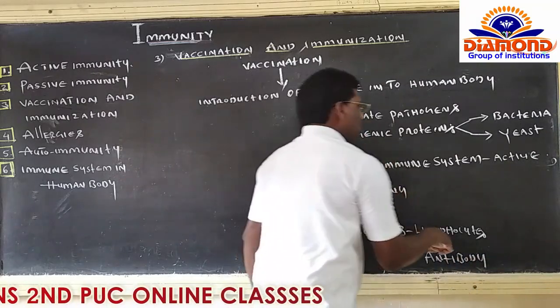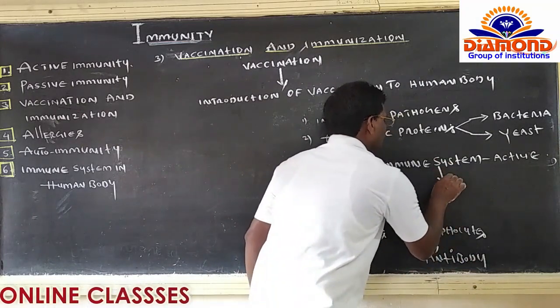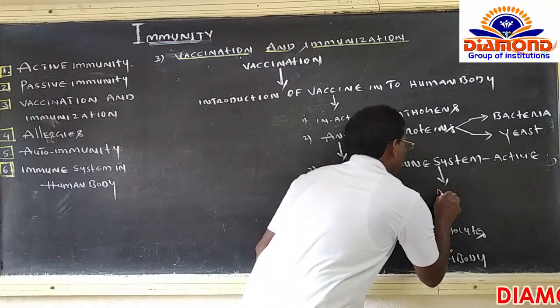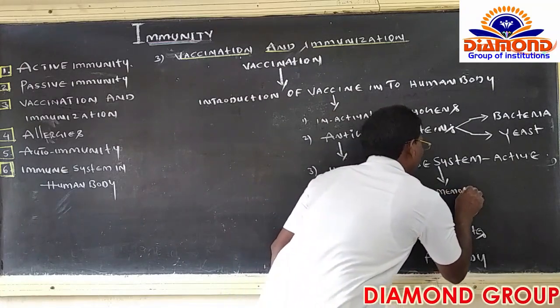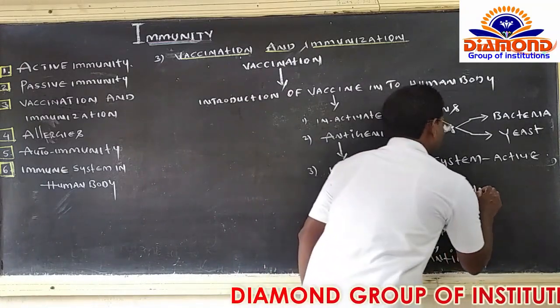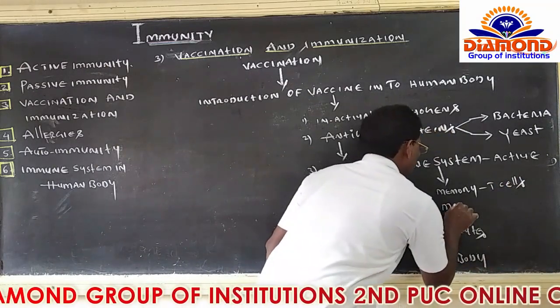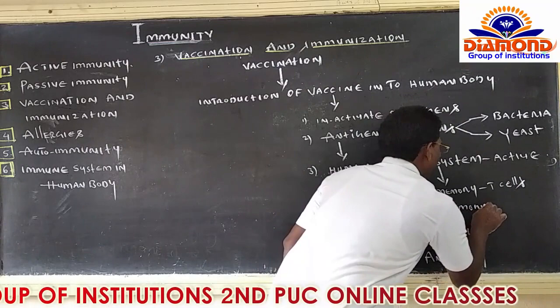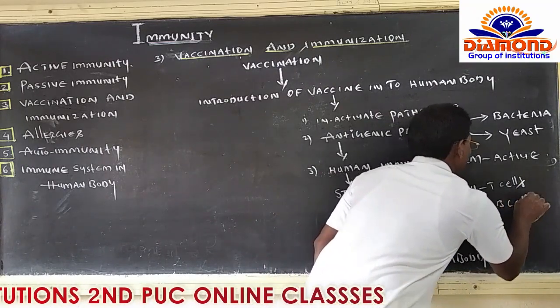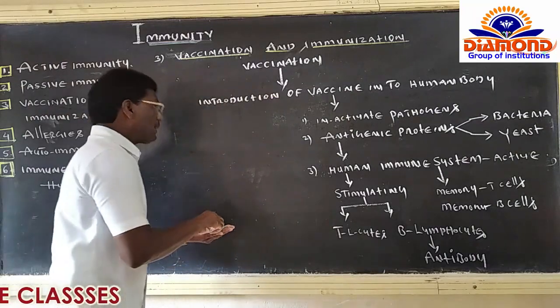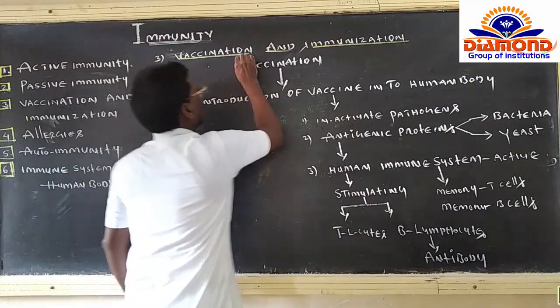When the human immune system is responding to vaccination, immediately there will be production of memory T cells, and number two, memory B cells. This is the process when a vaccination has been introduced into the human being's body.